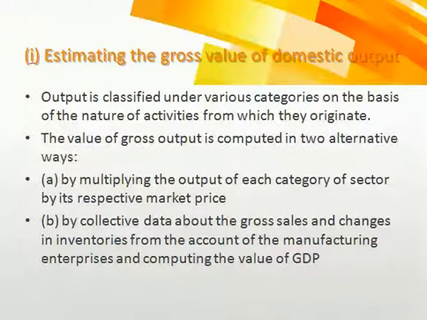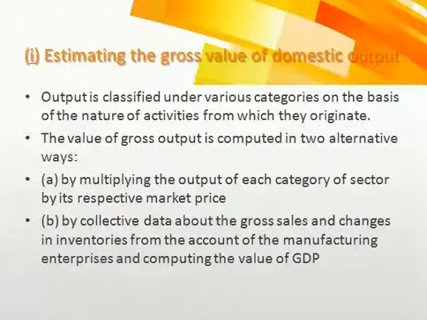And after classifying all these, the value of gross output is computed in two alternative ways. First is by multiplying the output of each category of sector by its respective market price. Second is by collecting data about the gross sales and changes in inventories from the accounting of manufacturing enterprises and computing the value of GDP.